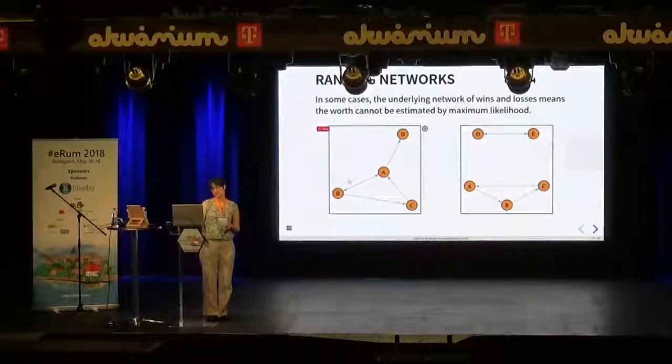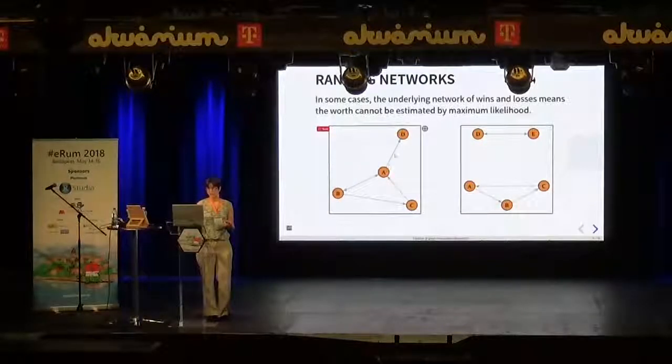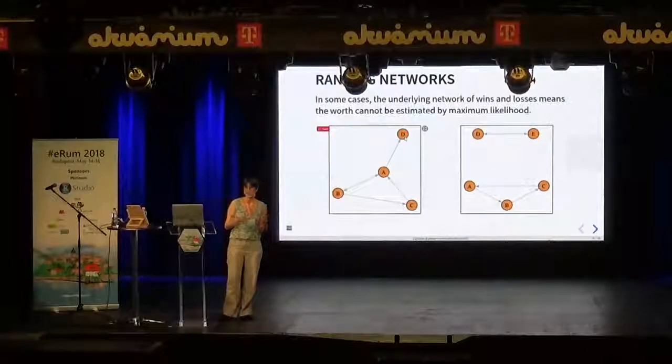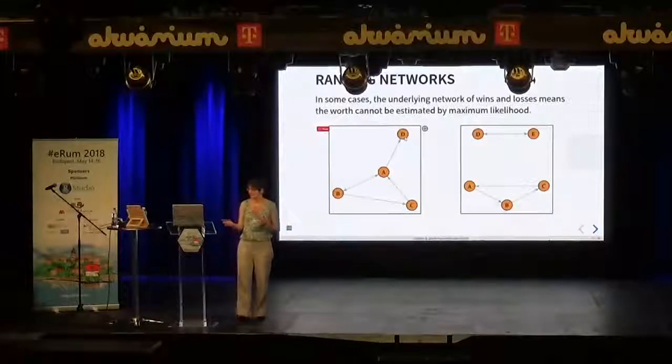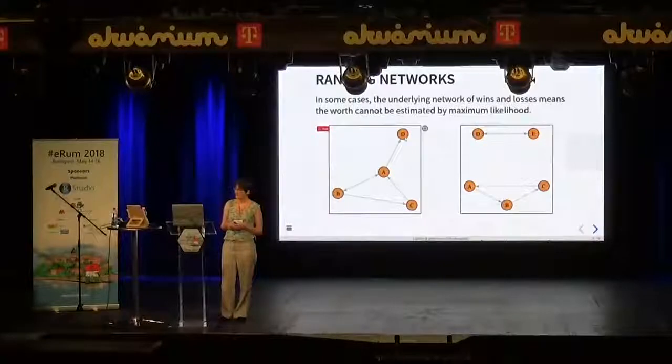In this network diagram, a double-headed arrow means that there are cases where A wins against B and B wins against A. But in terms of D, we only ever observe D to lose. And so if we think about the log worth, there's no bound on how low that can go. So the maximum likelihood estimate is actually negative infinity, and is not particularly useful.